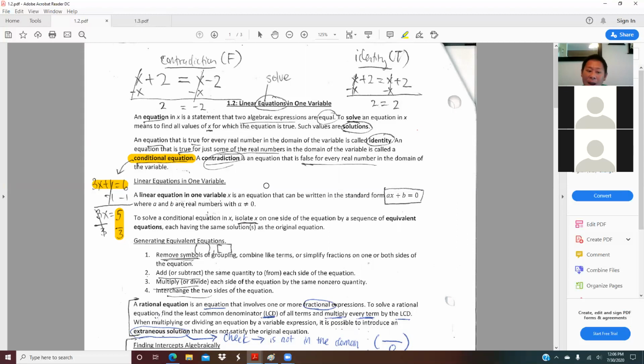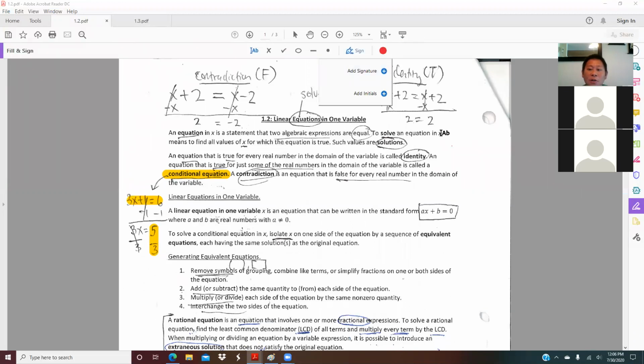Okay, but sometimes when you solve an equation like this, x plus 2 equals x plus 2, and when you solve it, you find out that the left and the right are exactly the same. Okay, so you find out when you solve it, you get 2 equals 2 in this case, which is true. Or sometimes you find out that this is identical, the same expression.